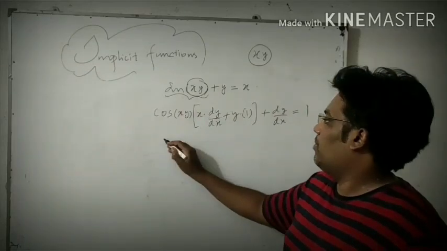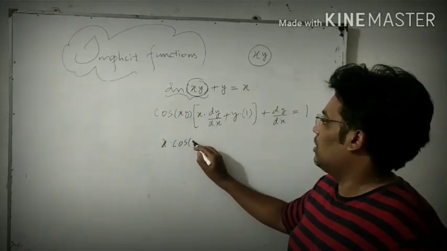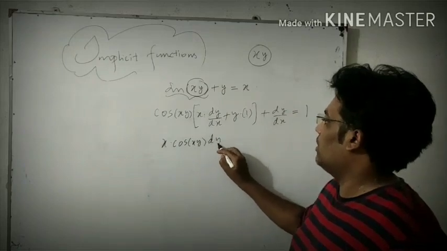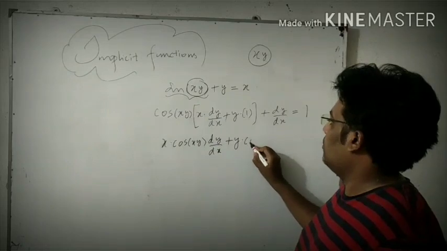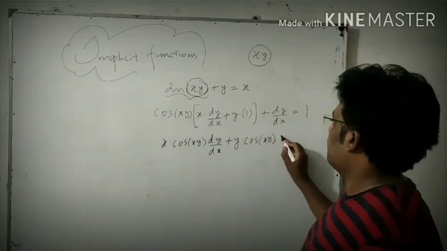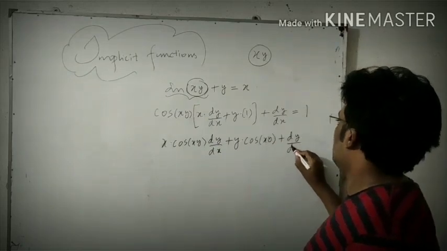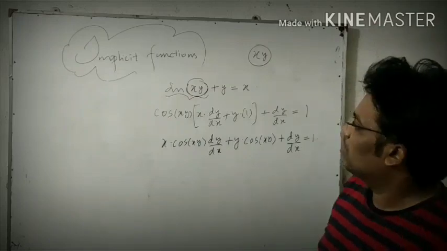First let me multiply: x into cos xy into dy by dx, plus y into cos xy, plus dy by dx equal to 1. The product is there.